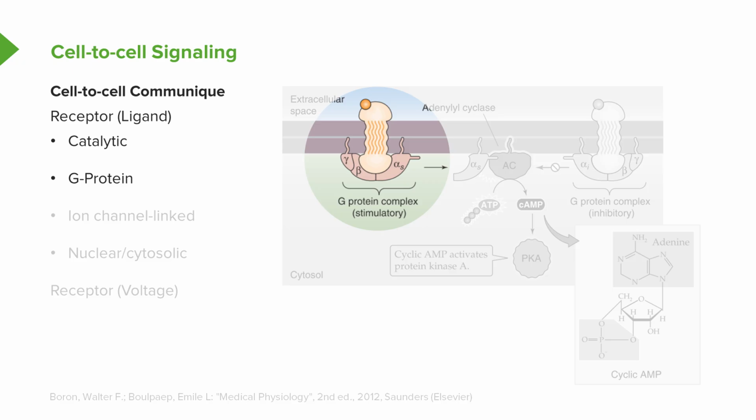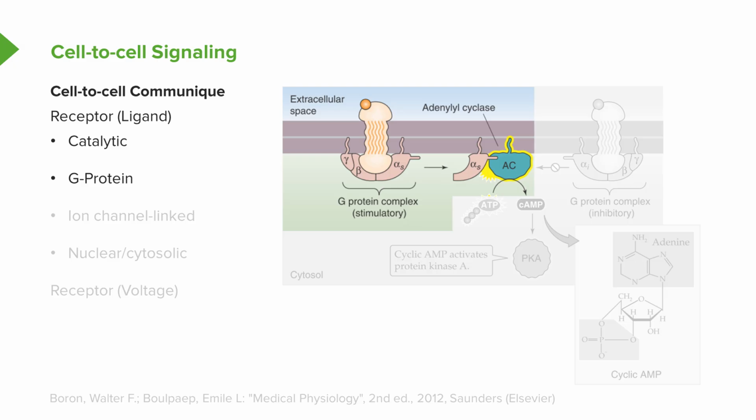In this case, you're going to see the alpha component move over once the ligand binds, to bind to adenylate cyclase. Adenylate cyclase is an enzyme. It will convert ATP into cyclic AMP, and then cyclic AMP will start a cascade of protein phosphorylation to other proteins such as protein kinase A.